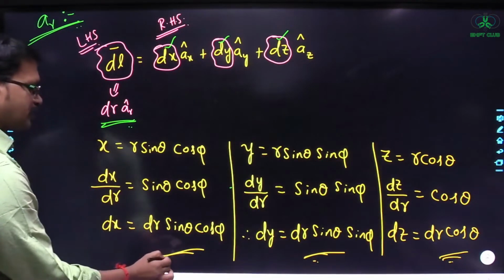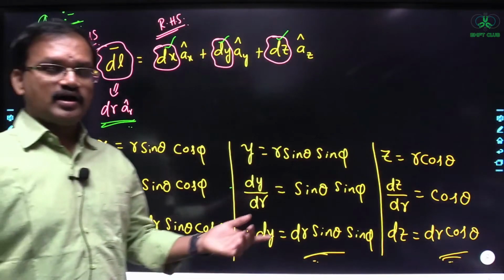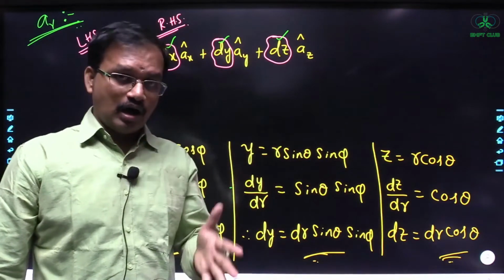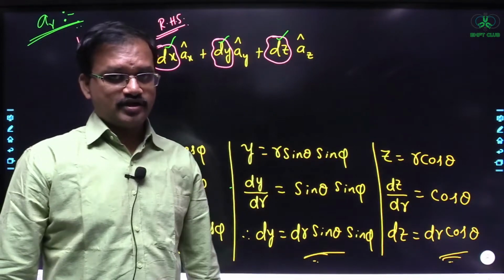Okay, so we have determined dx, dy and dz by varying only r and keeping theta and phi constant. Understood?